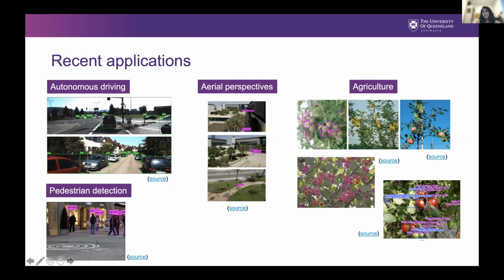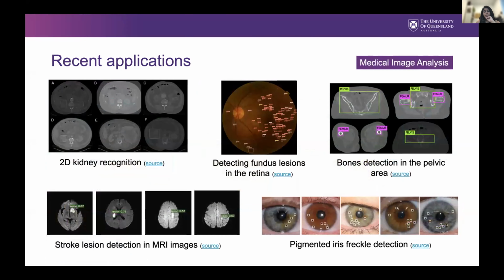And it has been used in agriculture a lot for fruit counting, to find out damaged fruits, to find out whether the crops are ready to be harvested or not, and things like that. So in this tomato one, they were looking at whether tomatoes are ripe or not. And then YOLO has been widely used in medical image analysis as well. Things like 2D kidney recognition, detecting fundus lesions in the retina, bone detection, stroke lesion detection in MRI images, and so on.